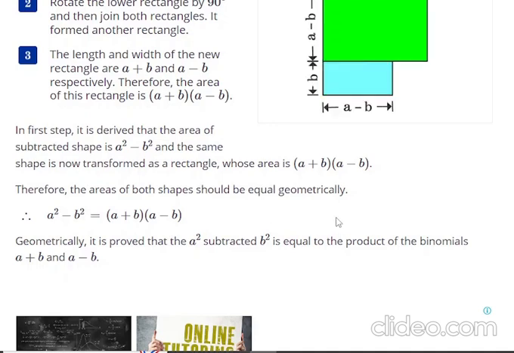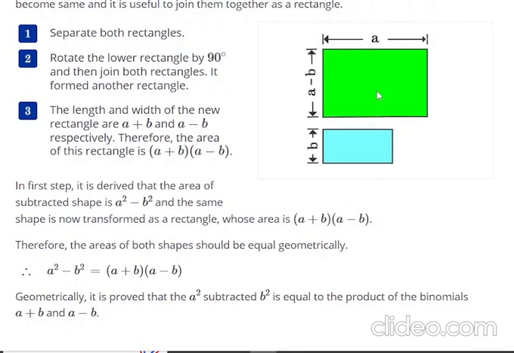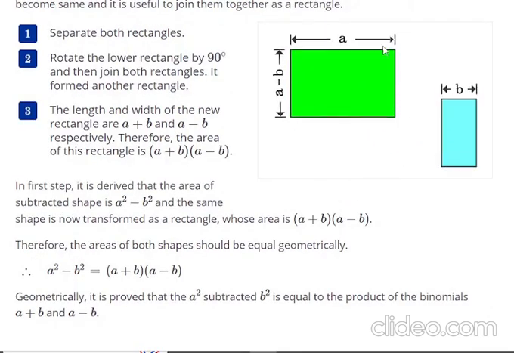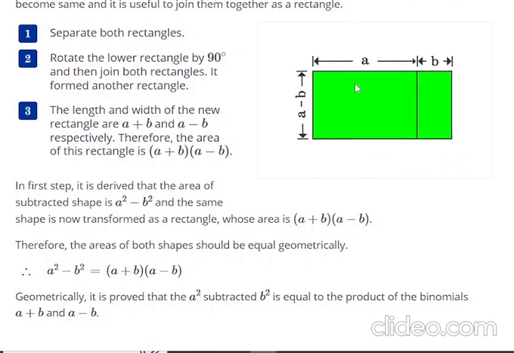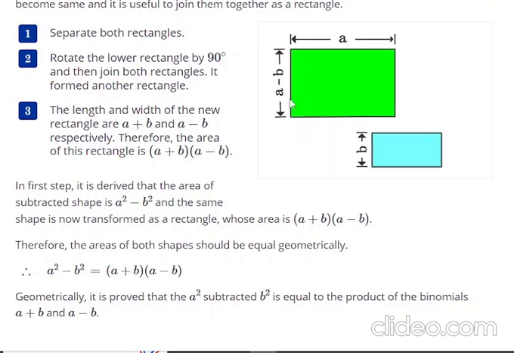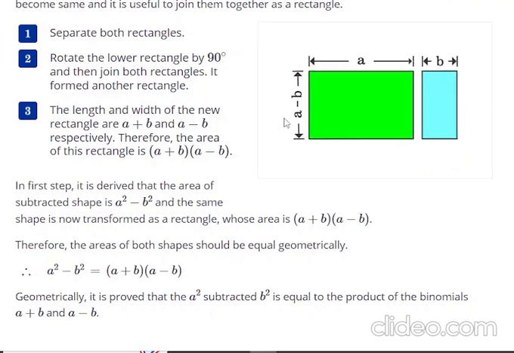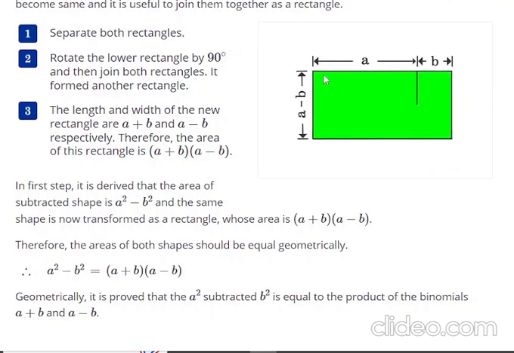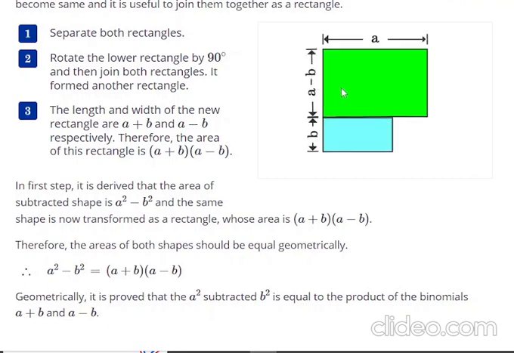So we have proved that after deducting b square from the whole square, we got two rectangles, and after attaching a minus b, our length has been a plus b and the second length has been a minus b. We can call it length and we can call it breadth.